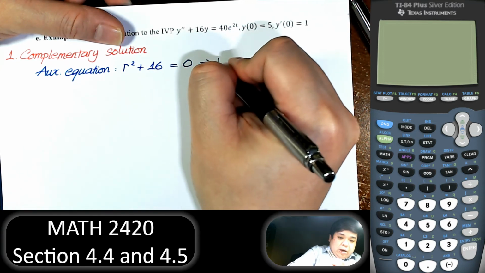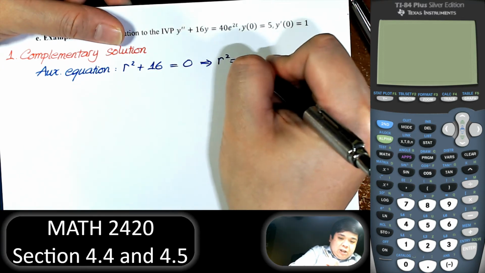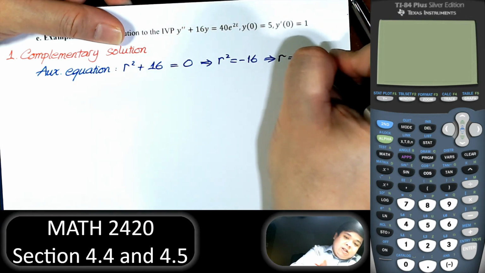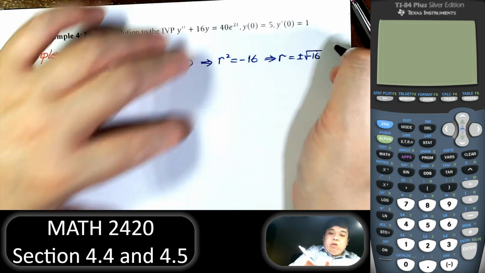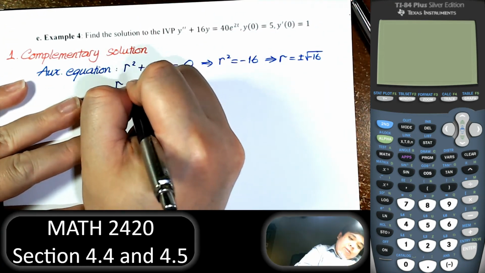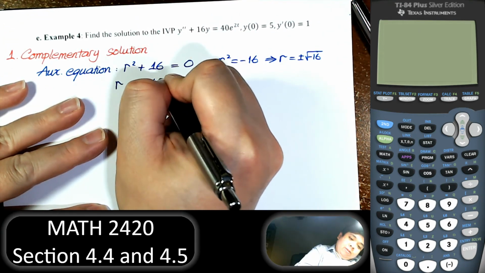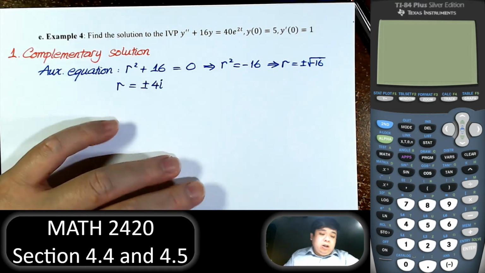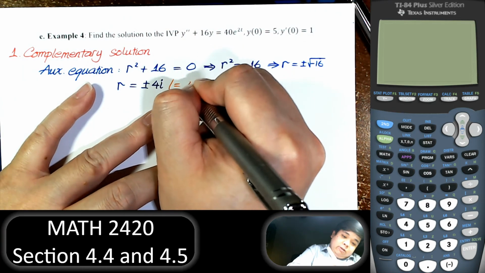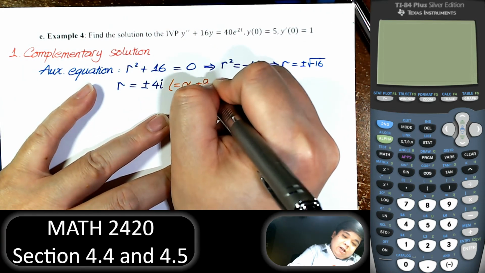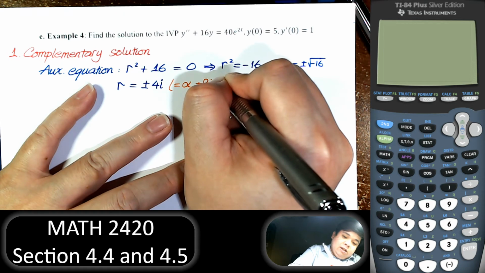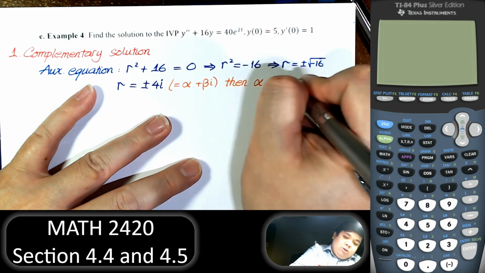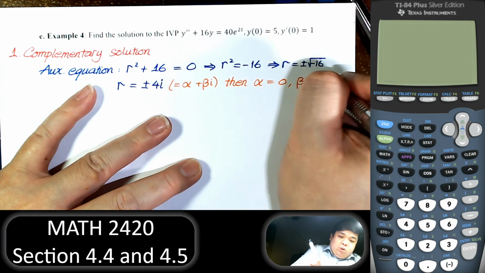So R squared equal to negative 16. So R equal to plus or minus square root of negative 16, which is plus or minus 4i. Right, and similar to the last problem, if this is equal to alpha plus beta i, then alpha is equal to 0 and beta is equal to 4.